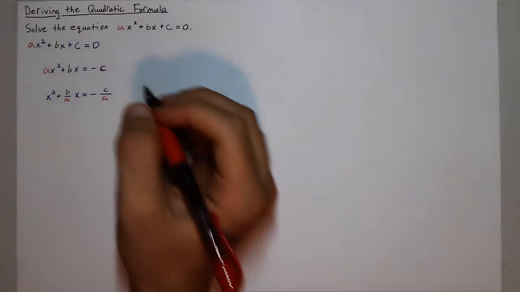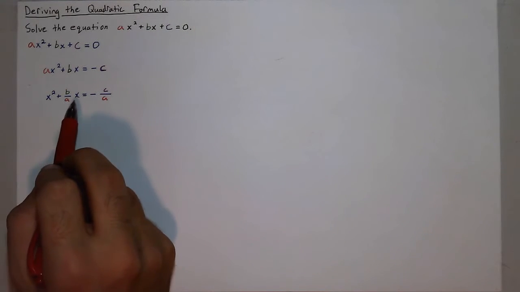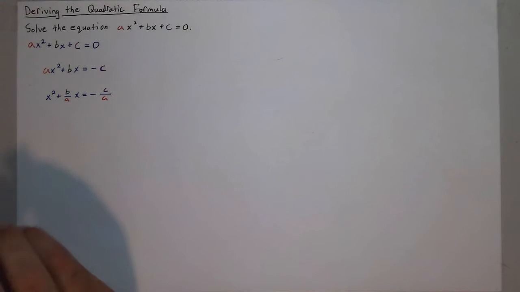And now we can complete the square, which means taking half of that coefficient in front of x and squaring it, and then adding that to both sides of the equation.